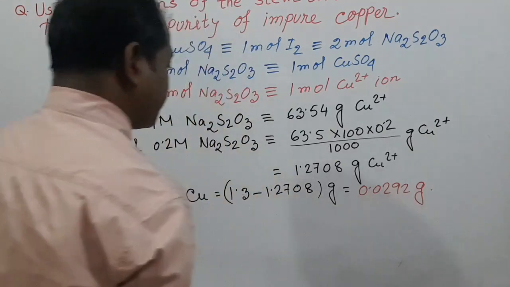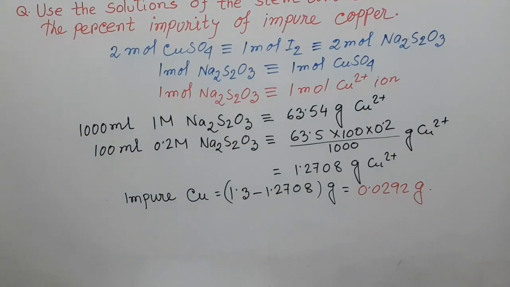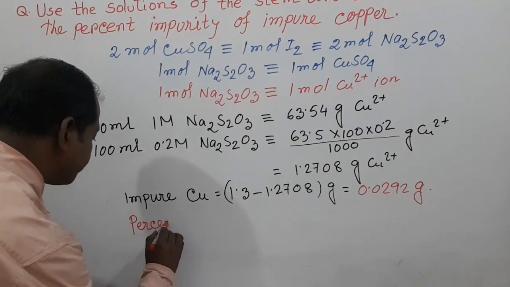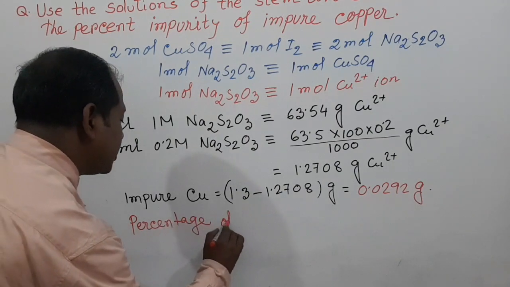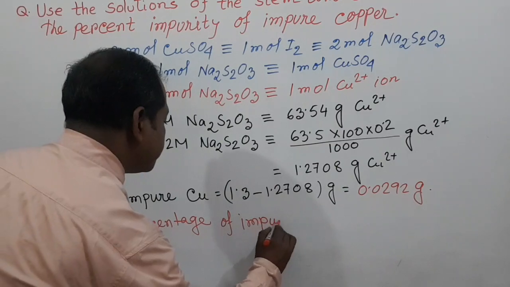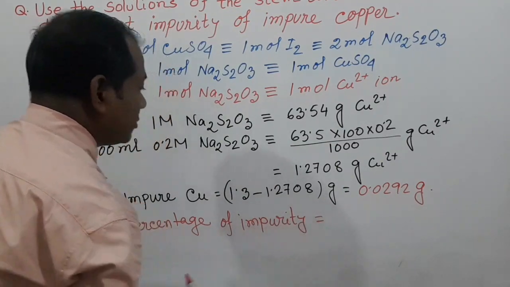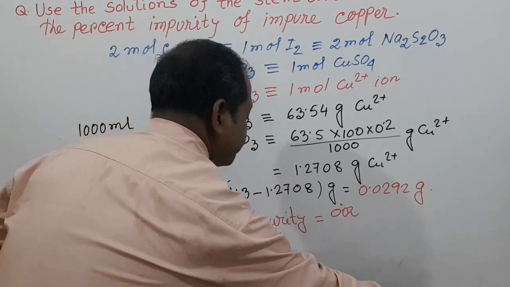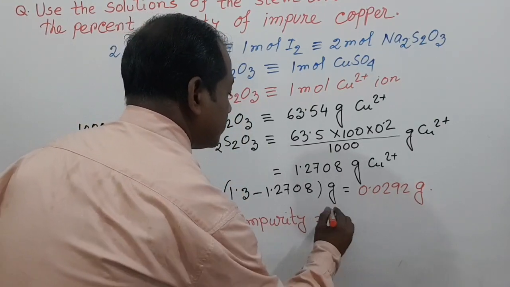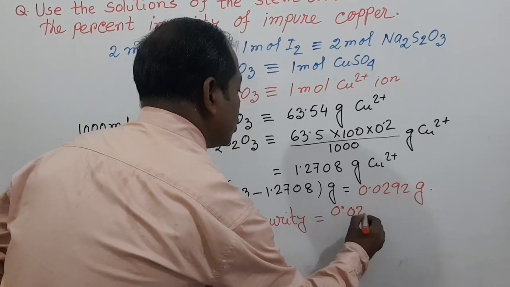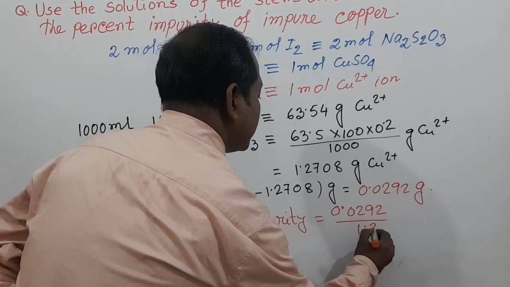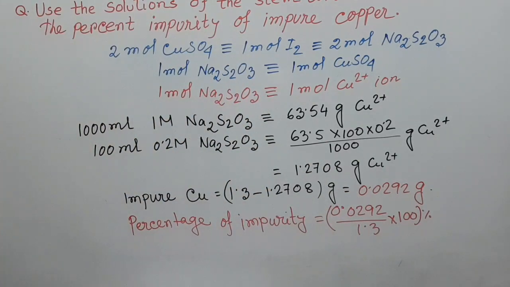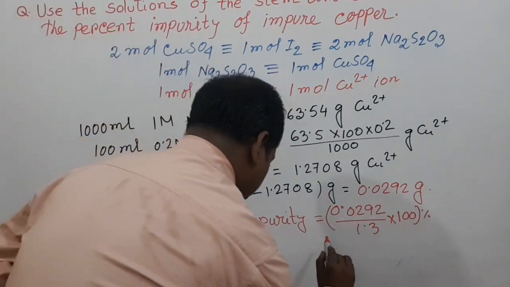So the percentage of impurity equals 0.0292 divided by 1.3 into 100%, and the percentage of impurity is 2.25%.